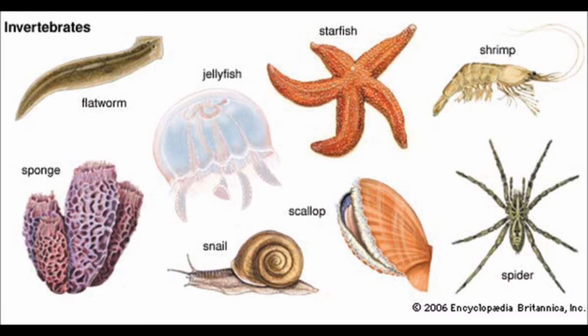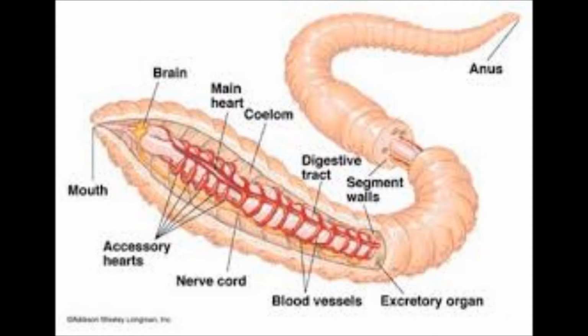Okay, children? Now we are going to take a closer look at the earthworm. Let's look at the earthworm. Now here is a picture of the earthworm. Okay, boys and girls? And if you look carefully, we can see the skeleton of the earthworm there.